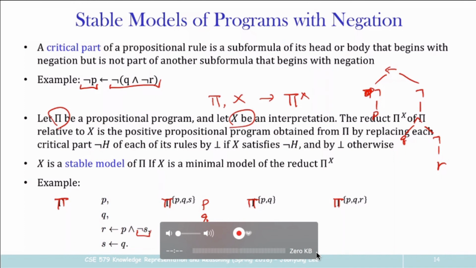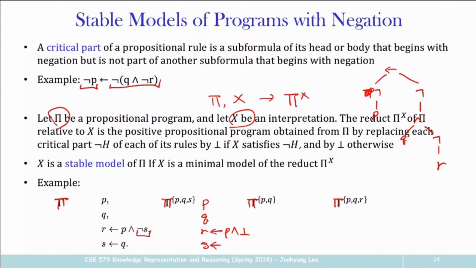Bottom, because S is true, so not S is false. So not S is false under this interpretation P, Q, S. So we replace it with false.